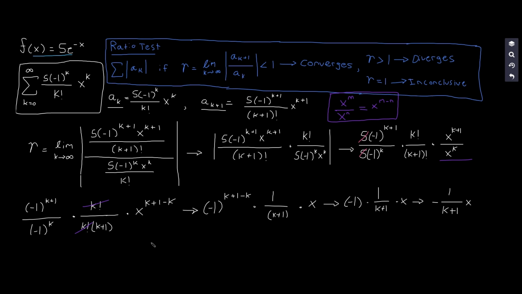All right, so this is going to be the limit as k approaches infinity for the absolute value of negative 1 over k plus 1 times x. Oh, right, and this is equal to the ratio.